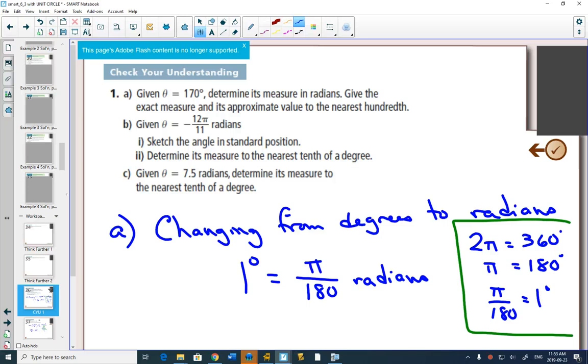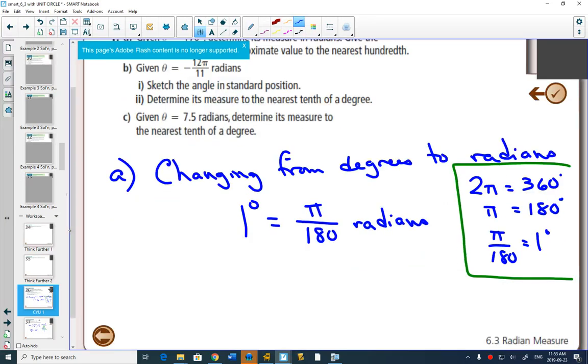But if you know that 1 degree is pi over 180, if you had 170 degrees, does it make sense that you would have 170 of these pi over 180s in radians? And so to change from 1 degree to 170, I multiply by 170. I'll do the same thing on this side. I'll multiply by 170.